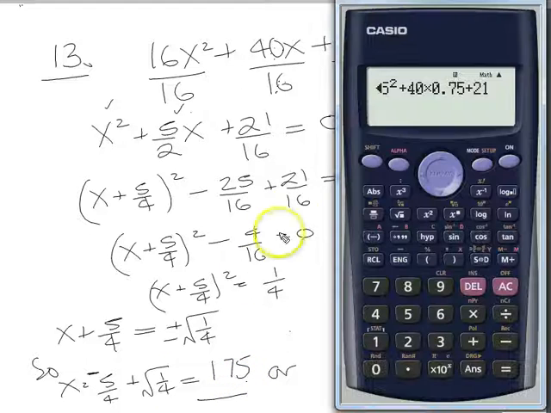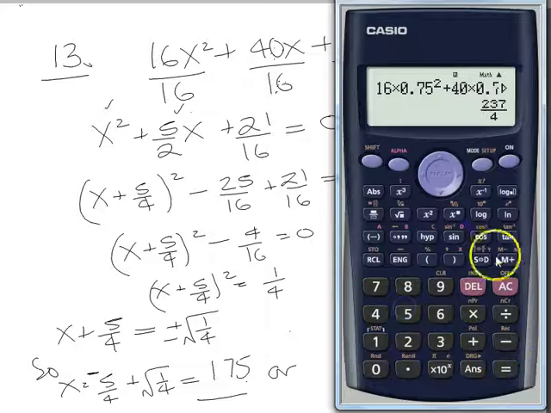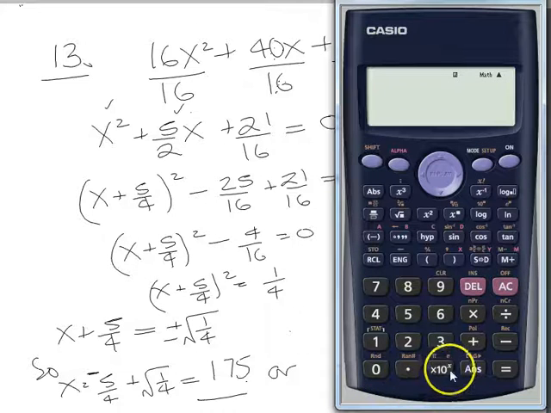So if I go back to my calculator quickly, I'll need to do minus 5 over 4, which I'm going to write in decimals to save a bit of time, plus the square root of a quarter, which is a half, so I'll put 0.5. It helps if I clear the calculator, doesn't it? Minus 1.25 plus 0.5 is minus 0.75.